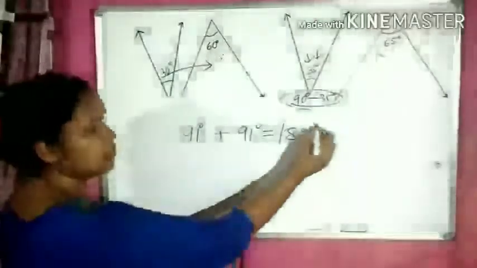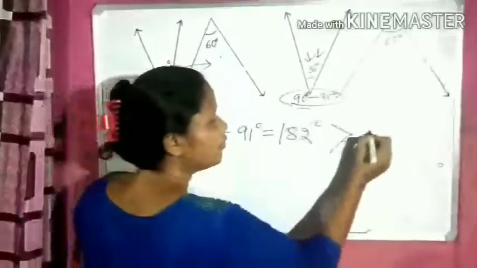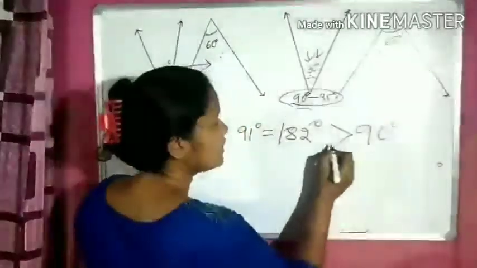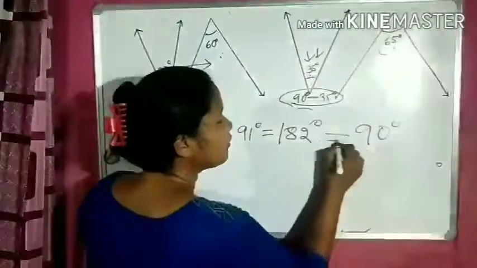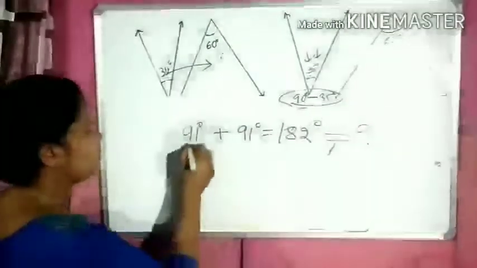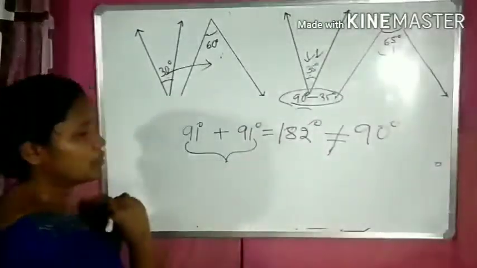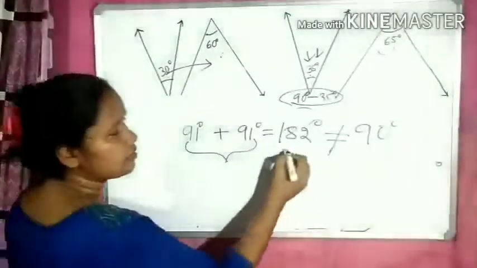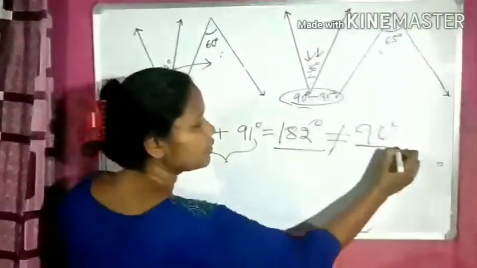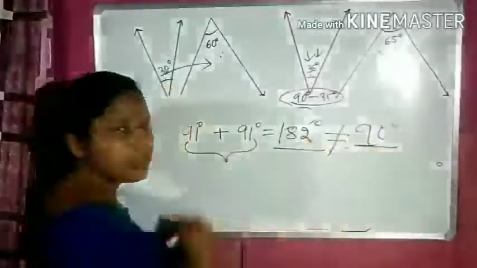182. So this is more than 90 degrees, which means it is not equal to 90 degrees. So when we add two obtuse angles, the sum is more than 90 degrees, so that sum is not equal to 90 degrees.